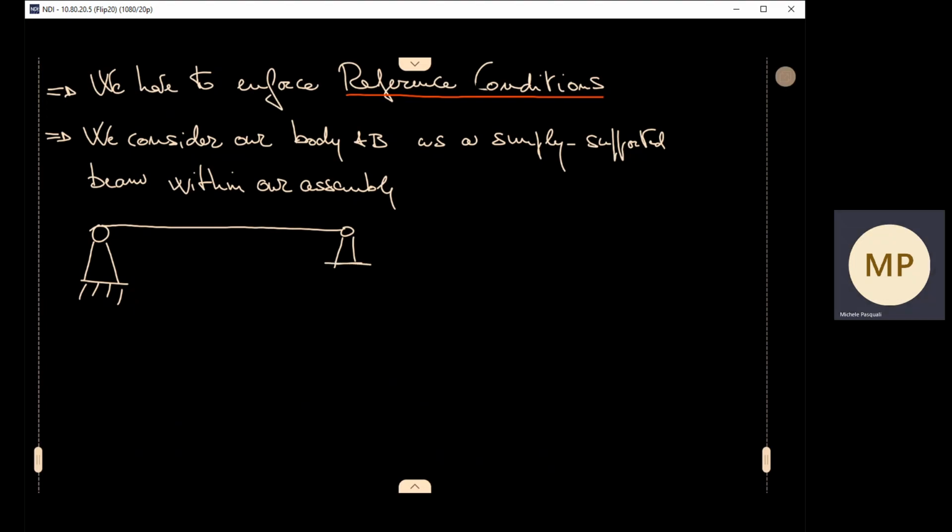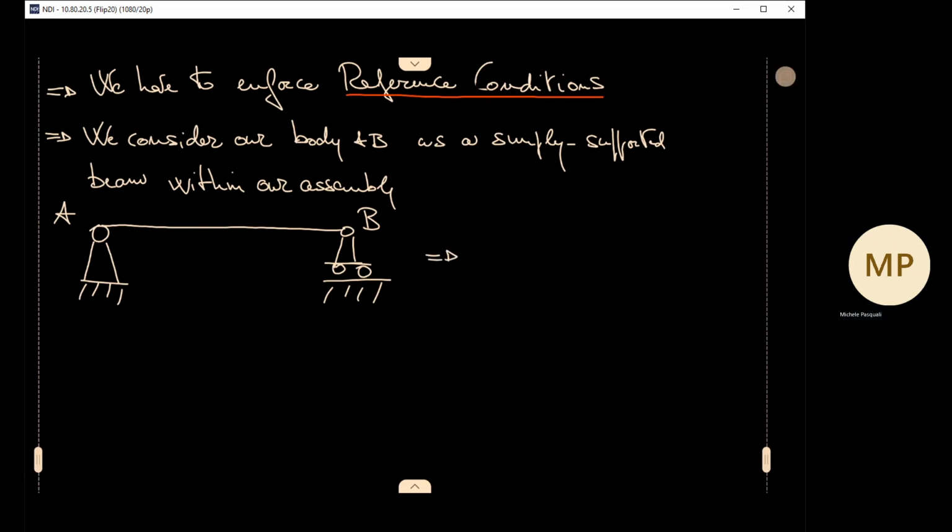Okay, not to make it hyperstatic, I will add the tray here, but our reference condition will stay the same. So this is point A, and this is point B. So our link, our body, is exemplified as a simply supported beam.